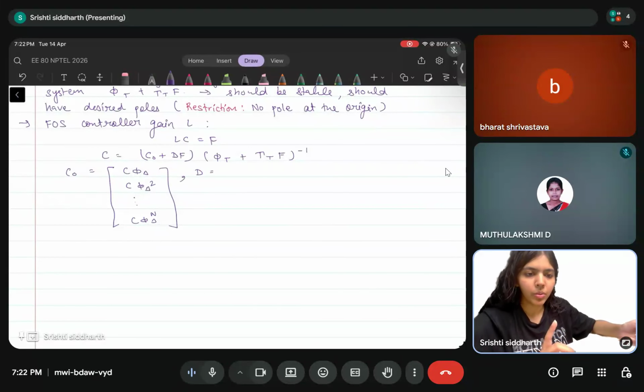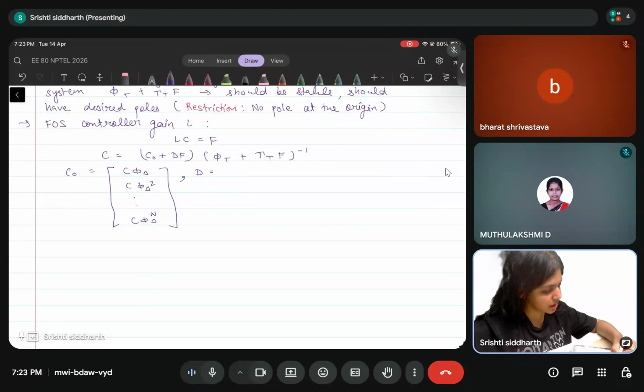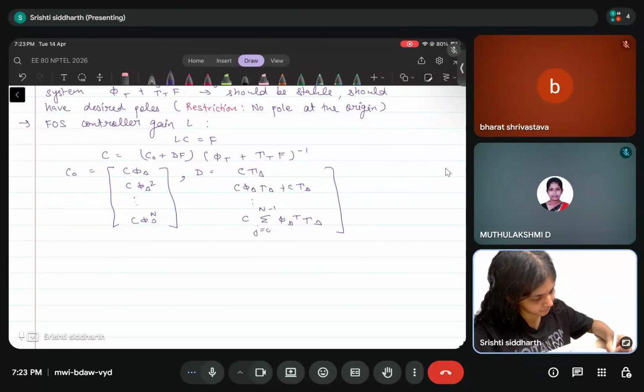D is not the one from the system matrix D, which is a relationship between input and output. D is something else. So D is C gamma delta, then C phi delta gamma delta plus C gamma delta, sorry, and then the sum over j equals 0 to N minus 1 of C phi delta to the power j times gamma delta.